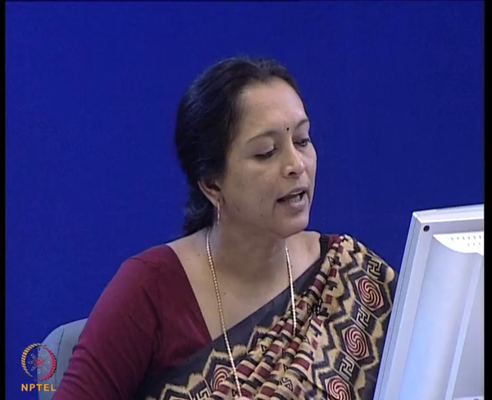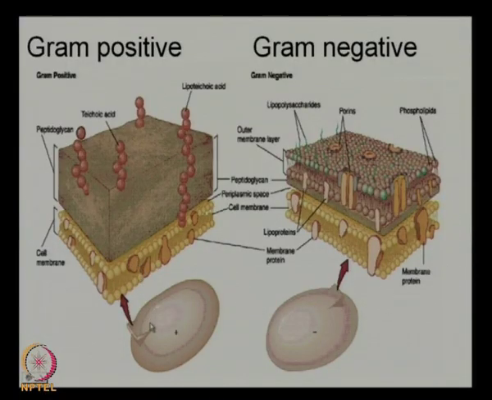If we magnify and draw the cell wall composition of two different groups of bacteria, we can find certain differences, and one group can be distinctly differentiated from the other.